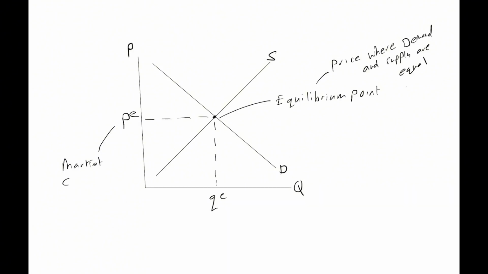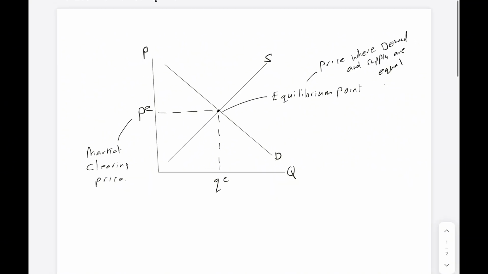This is because it is the price at which all of the products are bought up by the consumers. There is no unsold stock. The market is cleared.